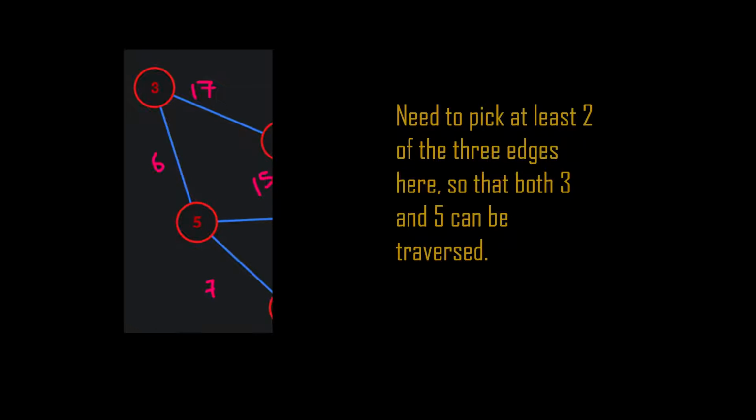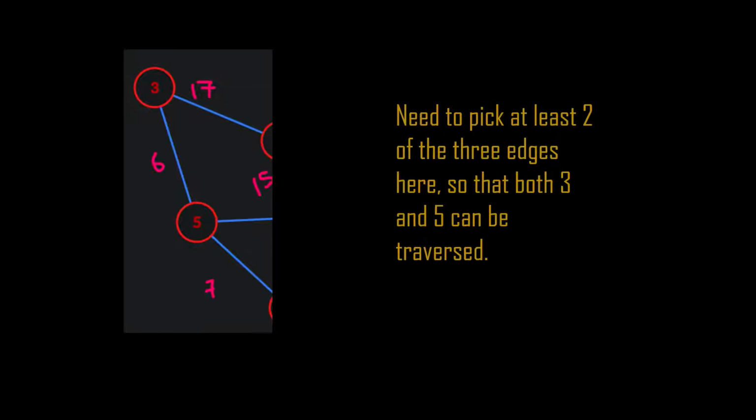Now to span 3 and 5, both the vertices, and to not miss any of those, because in any spanning tree of a graph, we never miss any vertex. We cover all the vertices. Hence, we need to pick at least two of the three edges here, so that both 3 and 5 can come into the traversal we are making.